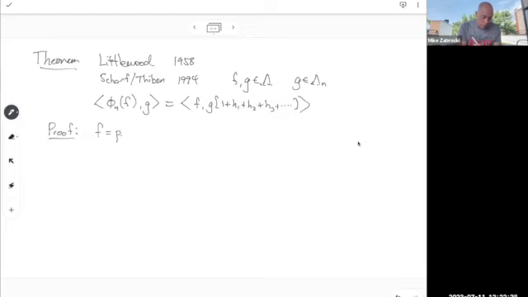You prove it for a basis. So you take f equals p lambda and g equals p mu. And of course, mu needs to be a partition of n, and you set mu equal to 1 to the m1, 2 to the m2, using the exponential notation for your partition mu.